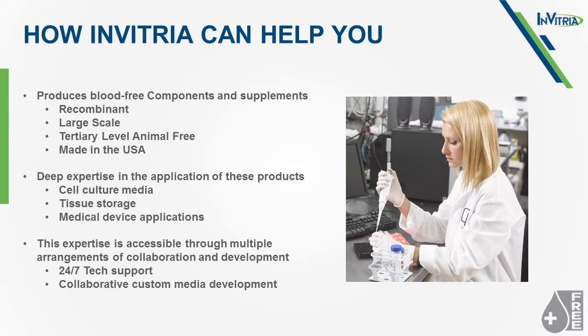Further, my group, through the years, we've developed a deep expertise in the application of these proteins in industry-relevant cell types. To date, we have formulated proprietary media for end users using these components and supplements for Vero cells and T cells, which you've seen here, HEK293, MSC, ARPE19s, A549s, Tregs, iPSC, ESCs, fibroblasts, and neural stem cells.